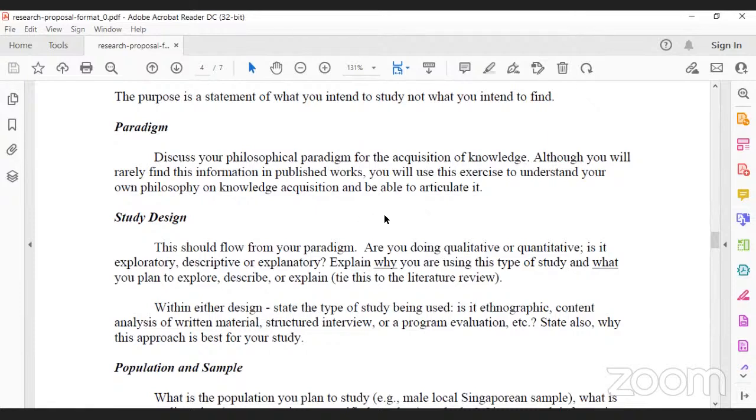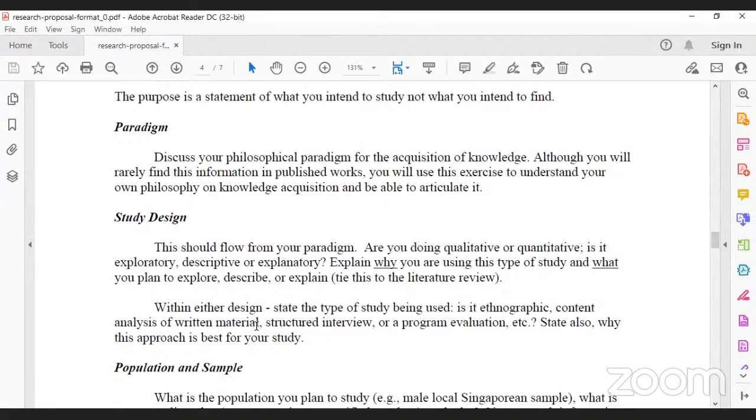And defending means you should be able to justify why I have written exploratory, not explanatory, why I have used experimental design, not correlational design, or vice versa, why I am constructing a new tool, why I'm not using an old tool. So you should be able to justify and give explanation of every single thing which has been written in your research proposal and later in your research article when you have completed it.